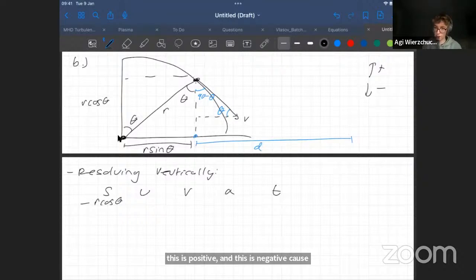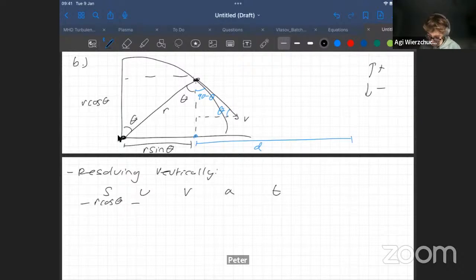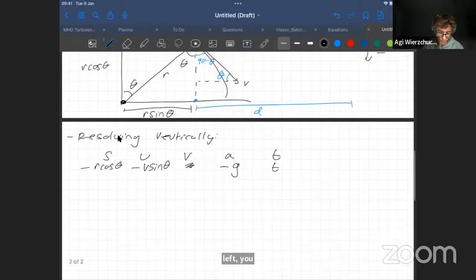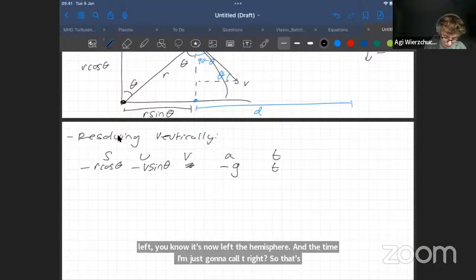My initial velocity in the vertical direction is going to be minus V sine theta. My final velocity, I don't care about. My acceleration is going to be minus G, because it's just gravity, because it has now left the hemisphere. And the time I'm just going to call T. Right, so that's how that is going to work.